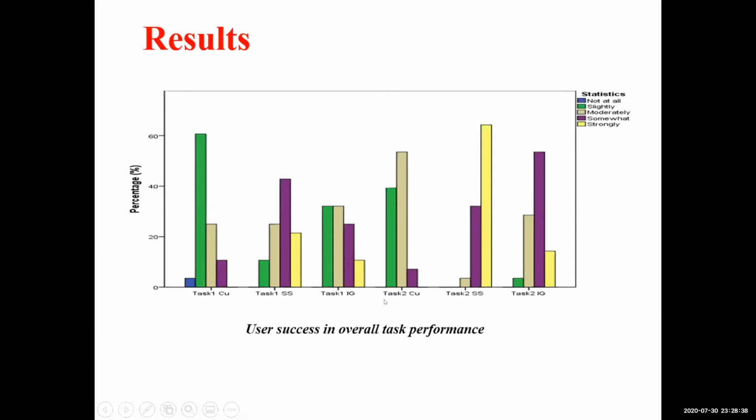I need to mention something to avoid the impact of learning. The order of search tasks was rotated by applying a Latin square design across the three systems. So the second task was applied also to the customized user interface, the search strategy system, and the information goal system.